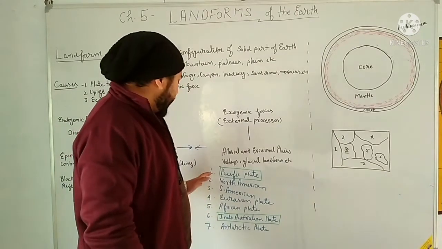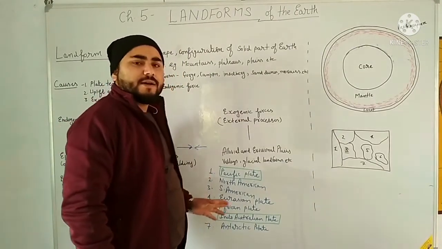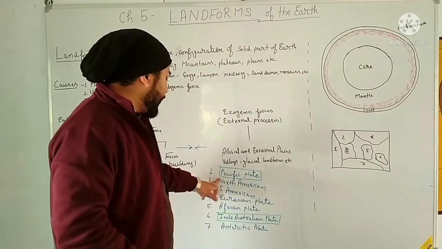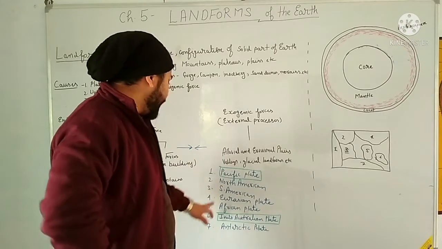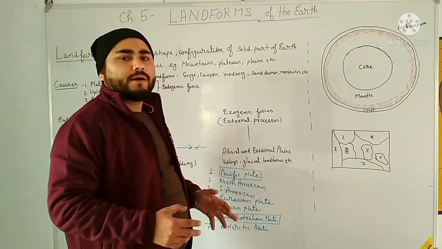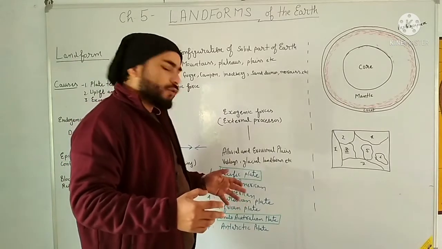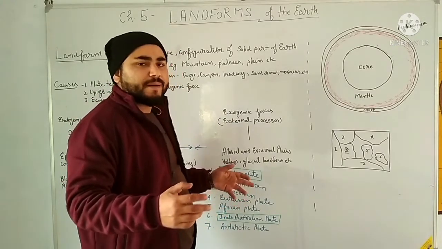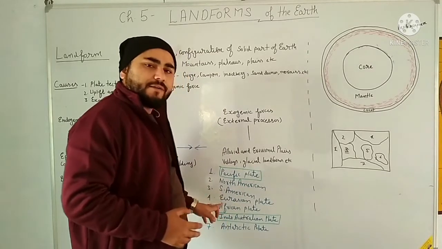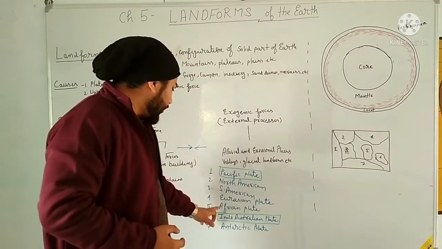So each continent has its own tectonic plate, like North America and South America. Europe and Asia are not separated by seas; they are interlocked, so there is one Eurasian tectonic plate.